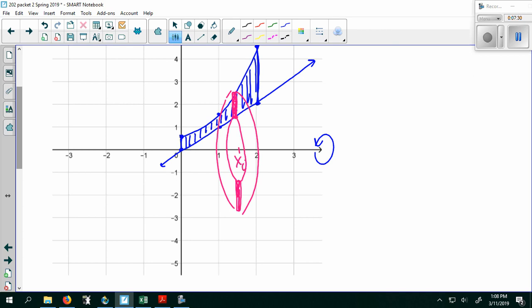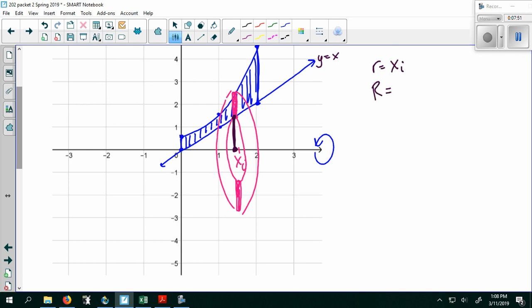So the inner radius is the distance from the center to the closest point on the rectangle. The center is at y equals 0, and then this point is on the line y equals x. So this distance is x sub i. So little r is x sub i.